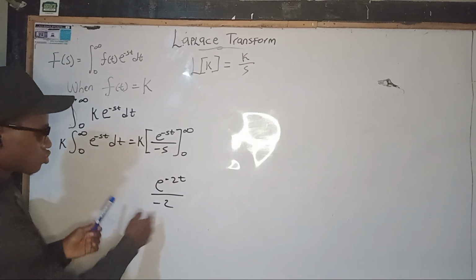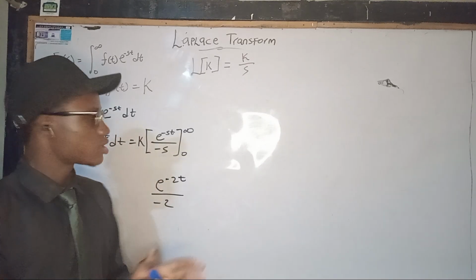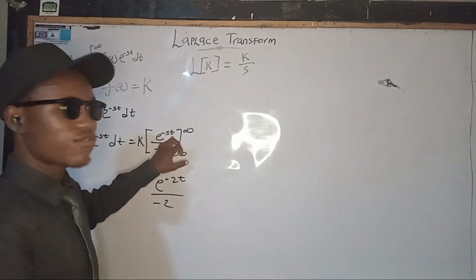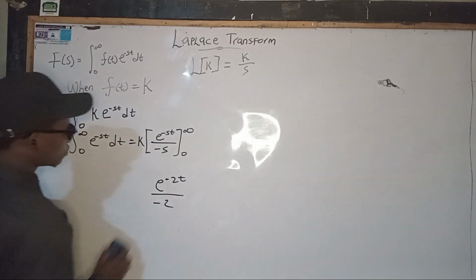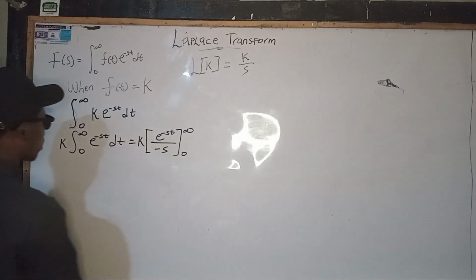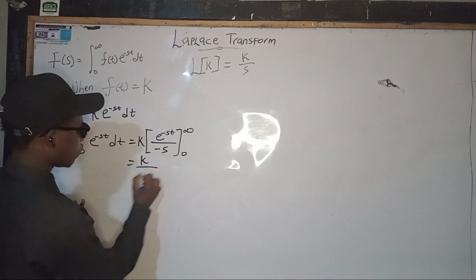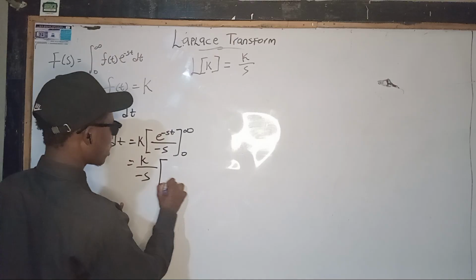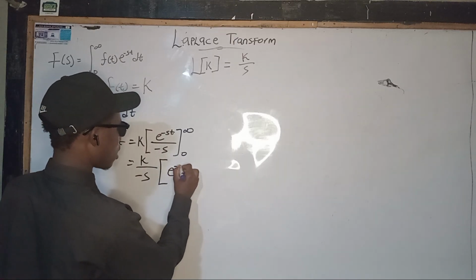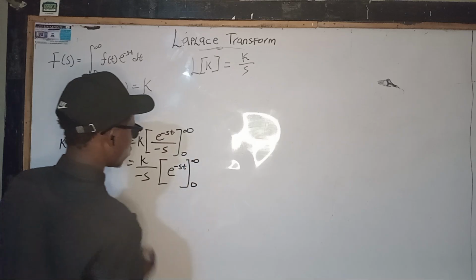So since minus s is a constant, we can also bring it outside of the bracket, since what we are dealing with is the value of t from infinity to zero. So let's do that quickly. We can have k over minus s, then in our bracket we have e raised to power minus st from infinity to zero.